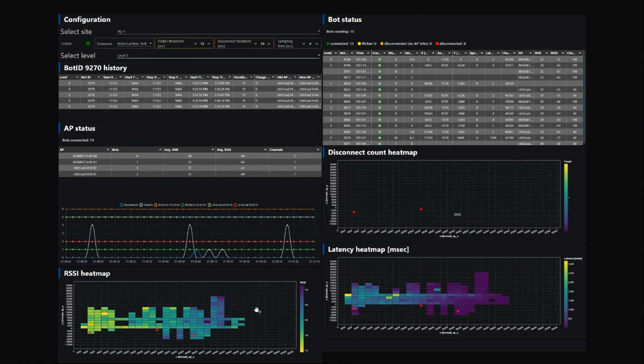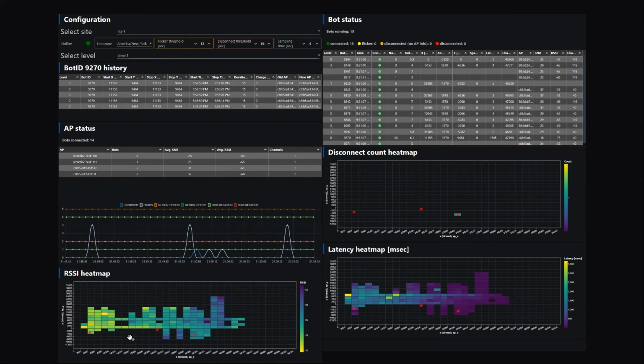For both the RSSI and the latency, you can see that it's stronger on the right side versus on the left side. So if you look at this statistically, you can start to understand, oh, maybe there's an imbalance in the system, and maybe the data or the connections from the wireless access points, which are indicated in red.